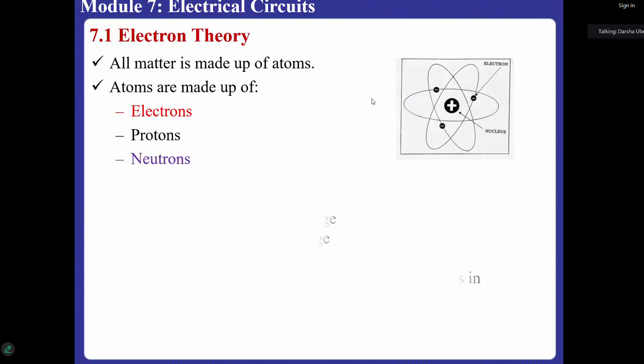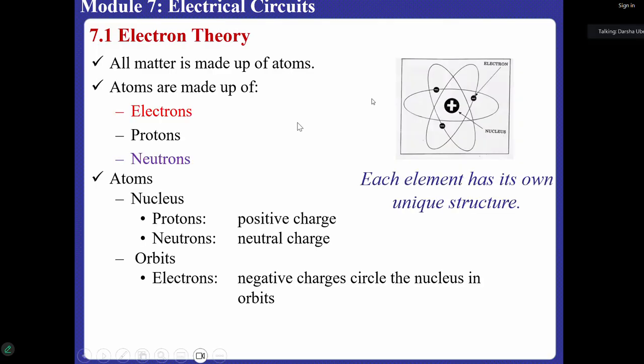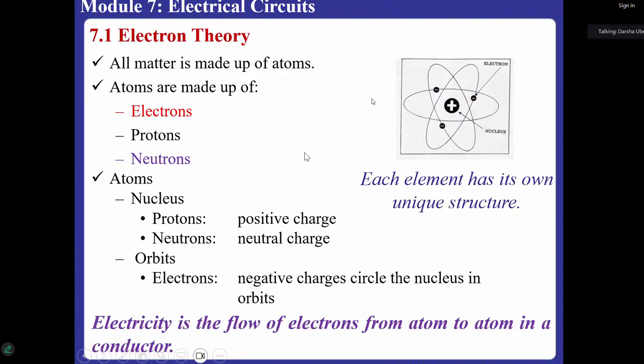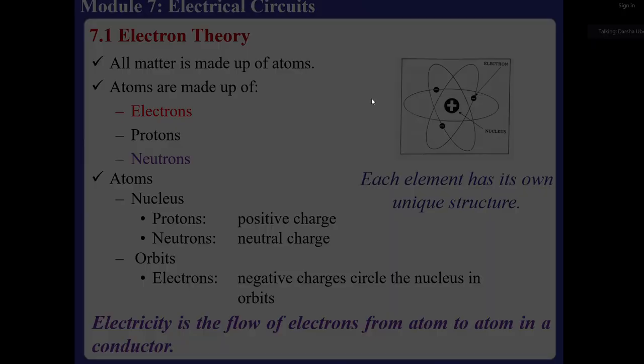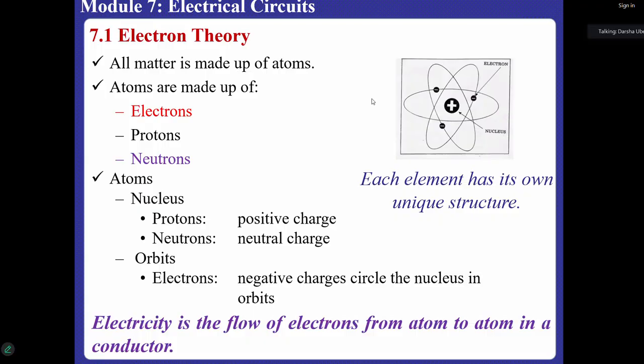Normally, the electrical current is flowing according to the movement of electrons, right? Maybe in your chemistry you are learning about electrons, protons, and neutrons. So you know that basically the neutrons and protons are inside the nucleus and they are not giving any contribution to current, but the electrons are moving around the nucleus in their own orbits.